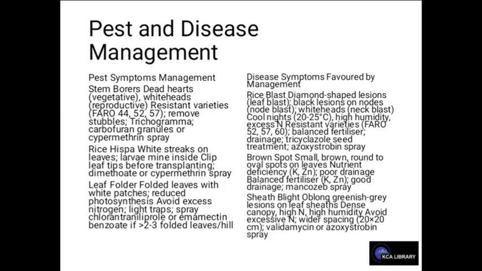We have the leaf folder. We have diseases and the symptoms favored by management. We have the rice blast, we have the brown spot, and we have the sheath blight.